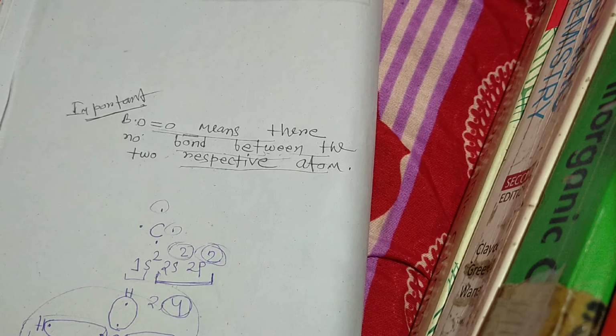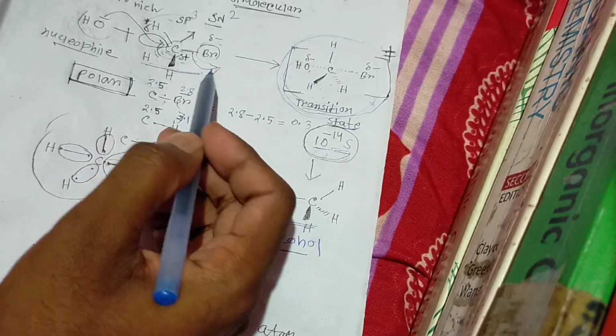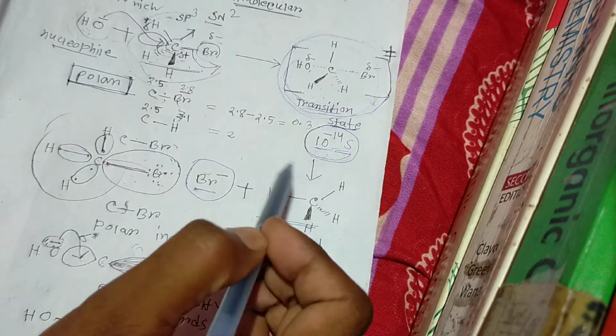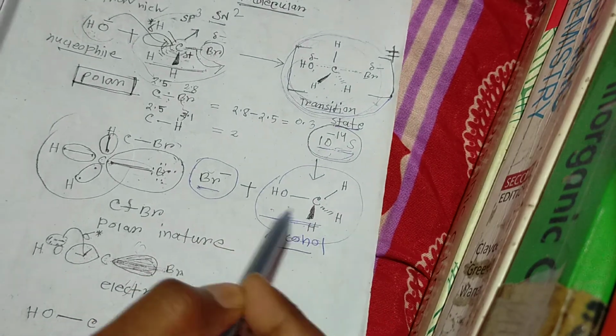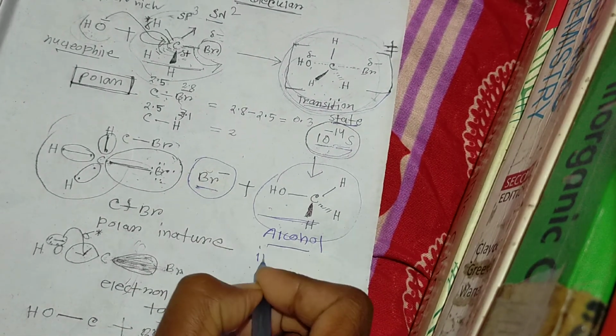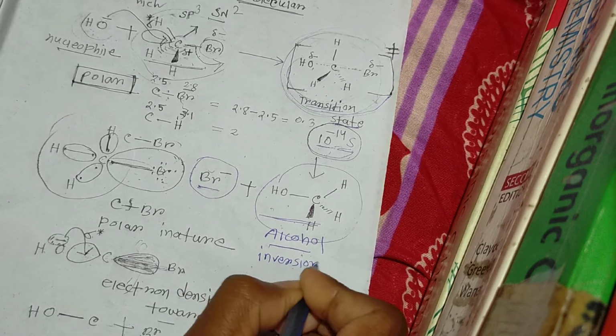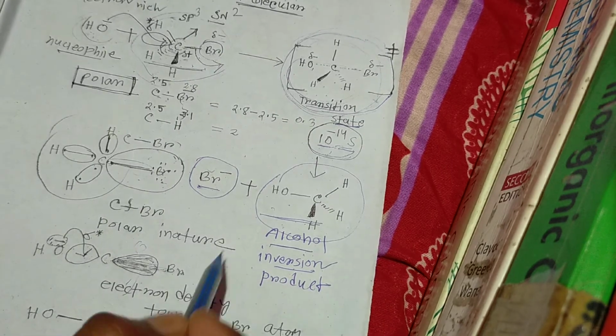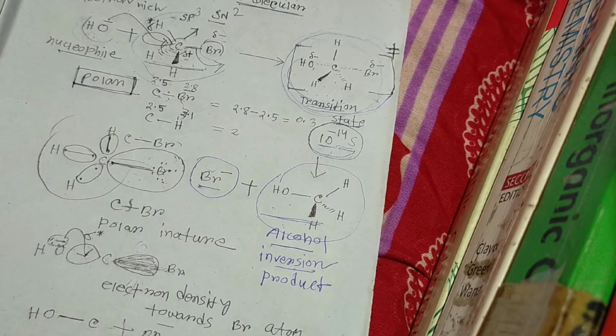So in an SN2 reaction the product we get is an inversion product. This is the substrate that reacts with a nucleophile and we get a product, that is alcohol. This is actually an inversion product. And why this is the inversion product, I will discuss next day.